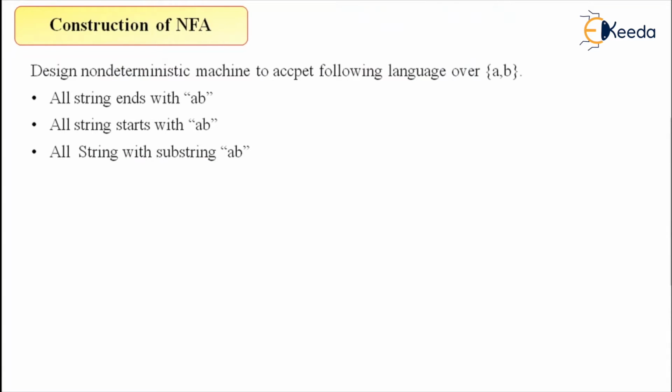Here we want to construct an NFA which accepts all strings that end with AB, start with AB, and contain the substring AB. These are the three typical DFAs we have already seen. Now to design the NFA, we have to be more concerned with the pattern.